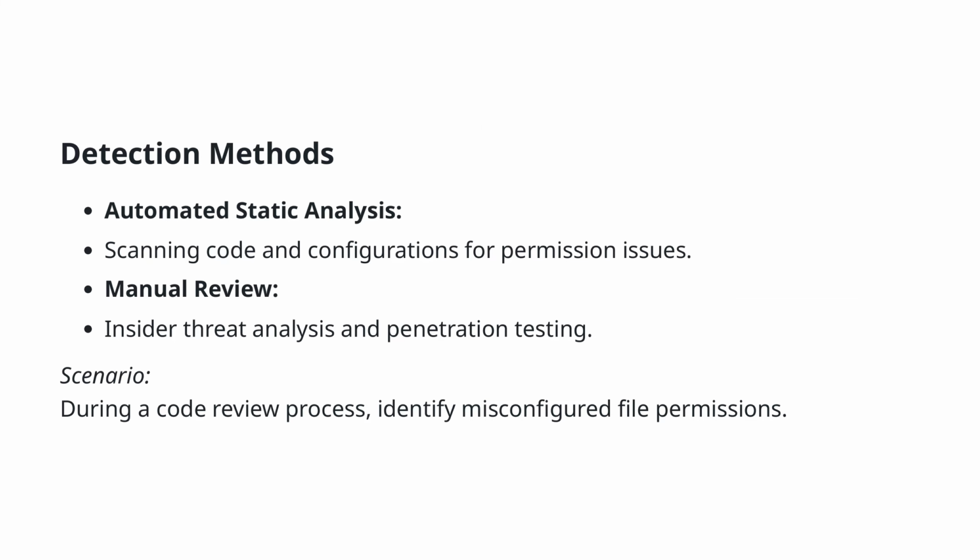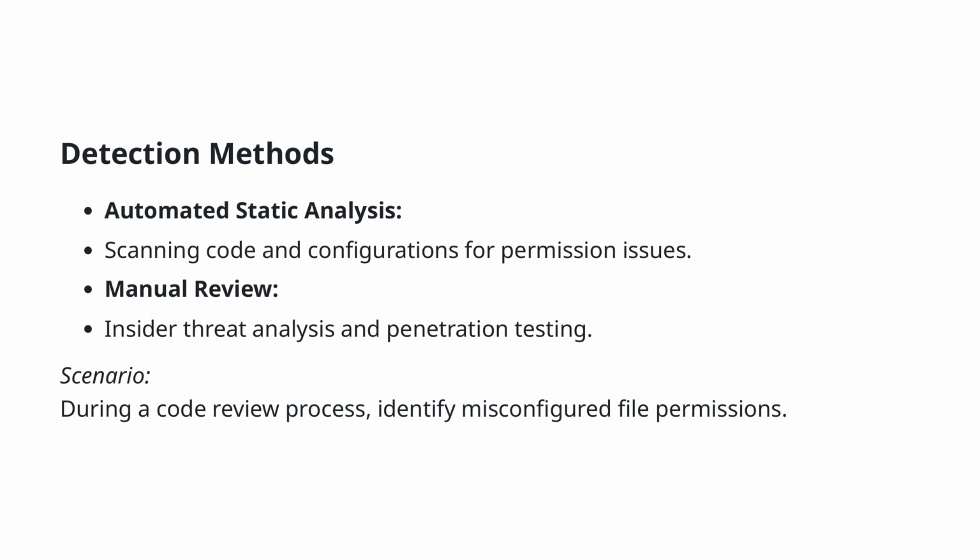In this slide, we focus on detection methods for identifying misconfigurations in file permissions. First, automated static analysis can be utilized to scan code and configurations to pinpoint potential permission issues. This automated approach helps in identifying vulnerabilities swiftly across large code bases. On the other hand, manual review techniques, such as insider threat analysis and penetration testing, provide a more in-depth examination.